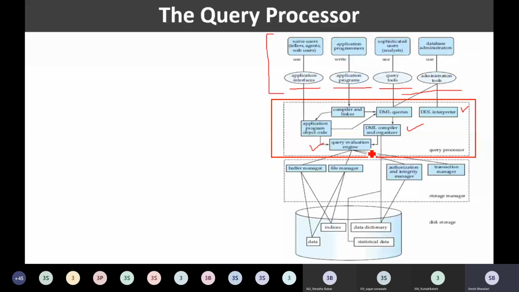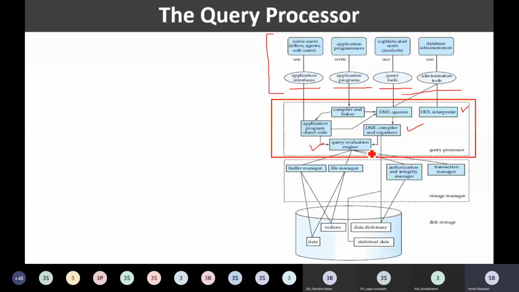If I want to extract some data from the database, I may have several different constructs in SQL, and every construct will provide me the same result. But the way the statement gets executed is different.